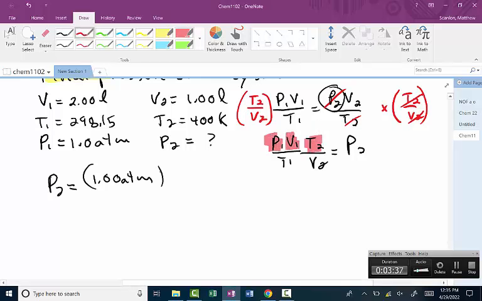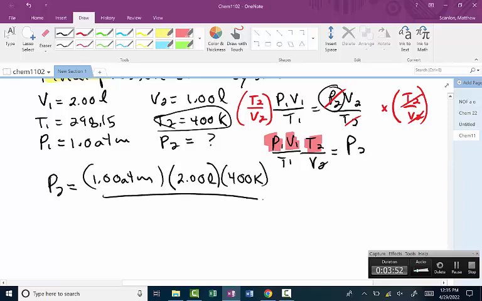So I'll put all those in there. 1 atmosphere times V1, which is 2.00 liters, times T2, which is 400 K, divided by T1 up here, 298, times V2, 1.00 liters. So when I do the math, I get 2.68.